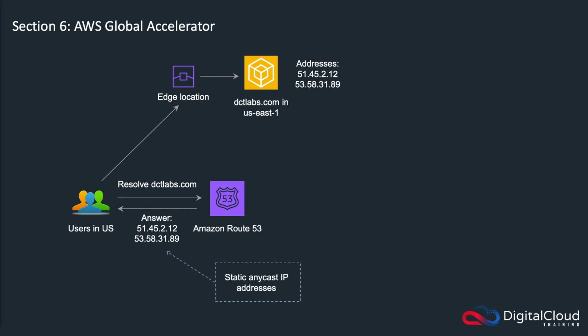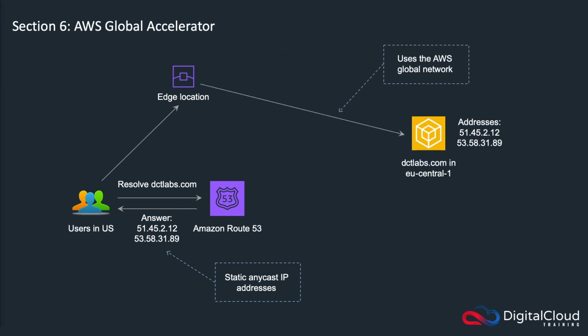So the user is now connected to the application running in US East 1. What happens if this application fails? Let's say the application has failed and the user now needs to connect to another instance of your application running somewhere else in the world. What happens is AWS Global Accelerator will direct the users straight to dctlabs.com, in this case in EU Central 1.